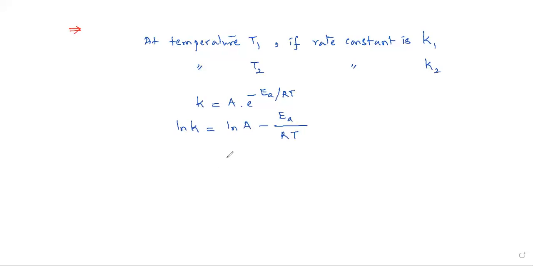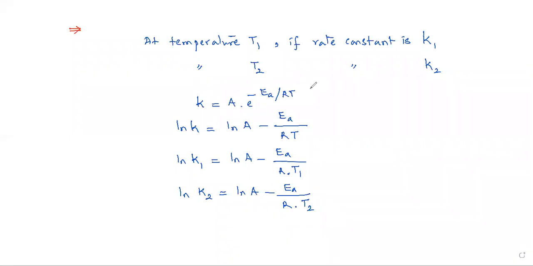Now, if ln K1 is considered, then it would be ln A minus Ea by RT1. Similarly, ln K2, ln A minus Ea by RT2.